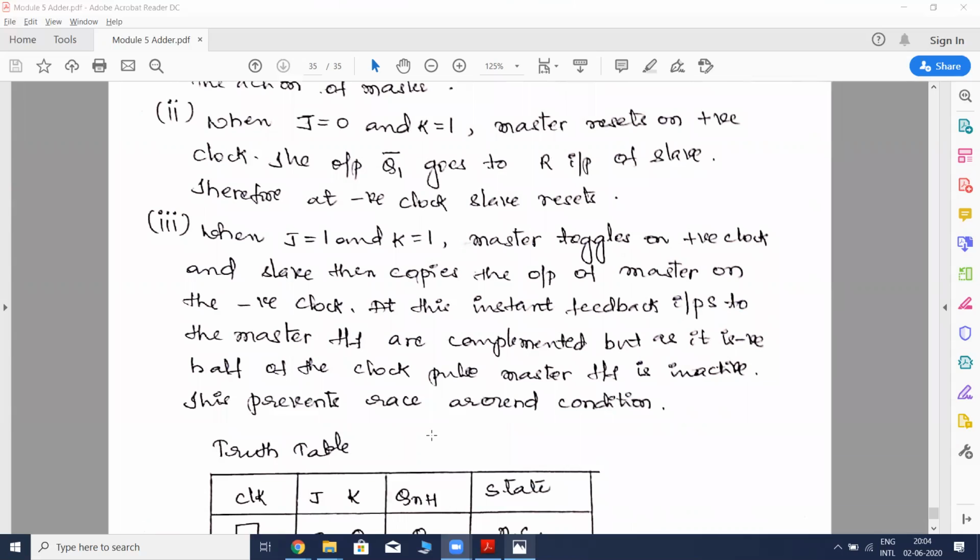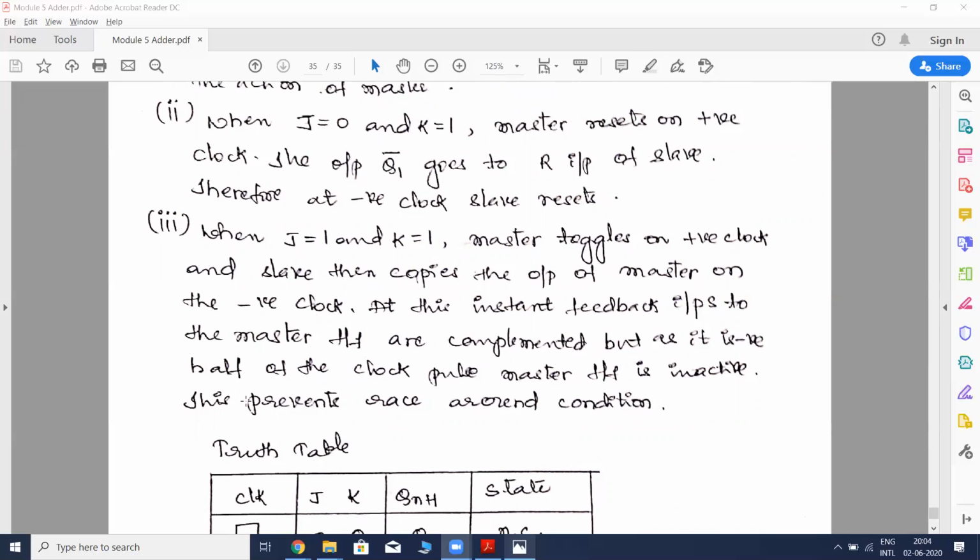Alright, now let us see the next condition. This condition is very important, wherein we have both the inputs as 1, 1. When both the inputs are 1, 1, the master flip-flop will toggle on the positive clock, because it is active during the positive clock, and the slave is going to copy the master on the negative clock. So that inverter plays a major role over here.